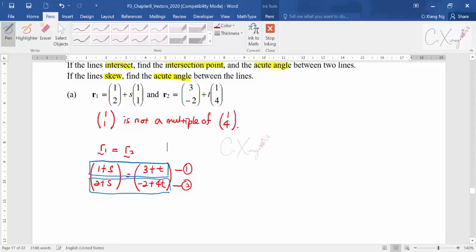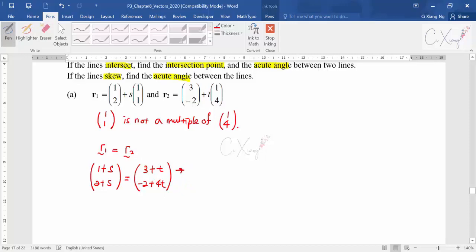Okay, so maybe if I want to write it out in a clearer way, I try to do it in this way.